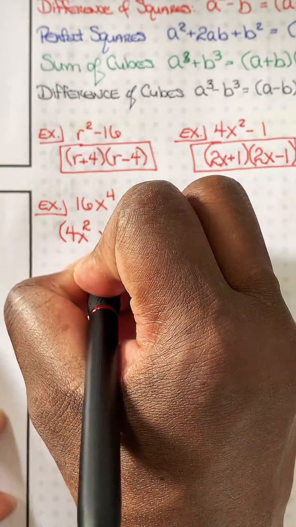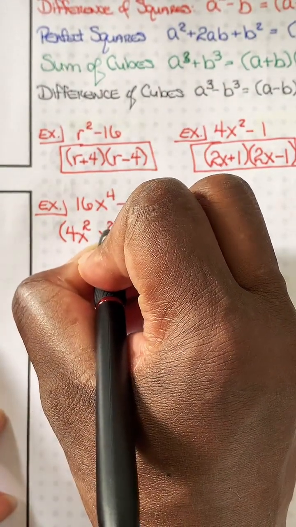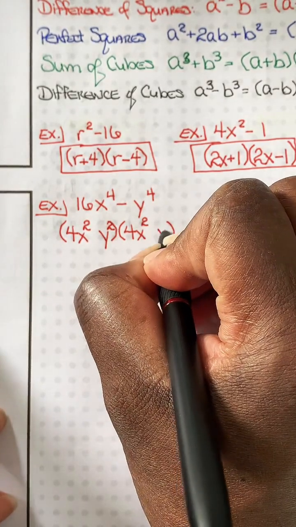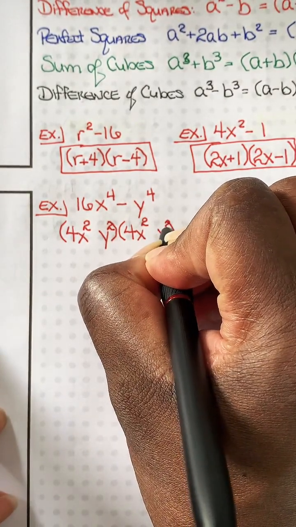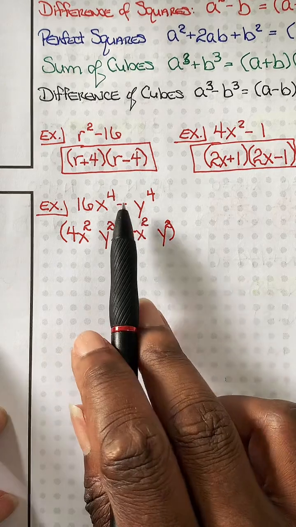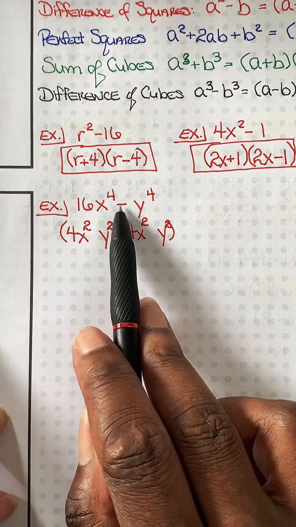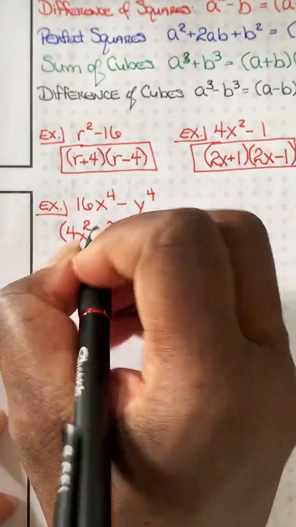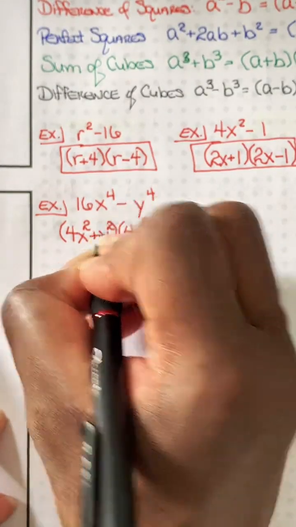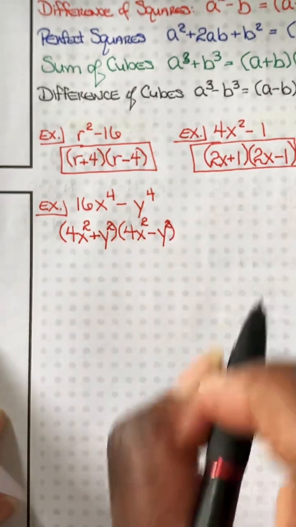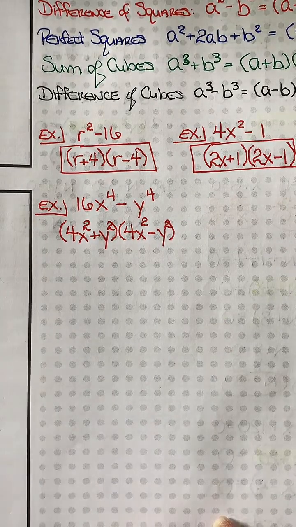So let's change it. This will be y to the 2nd, y to the 2nd. But it's going to be a negative, so that means one's going to be positive and one's going to be negative.